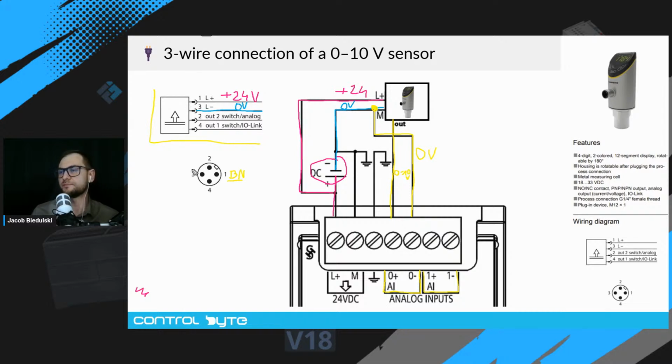This is the 0 volts wire, and this wire is blue. The output signal, the analog output signal, is the wire with designation 2, and this will be white, and the last is black, okay? So those are standard colors for almost every sensor.